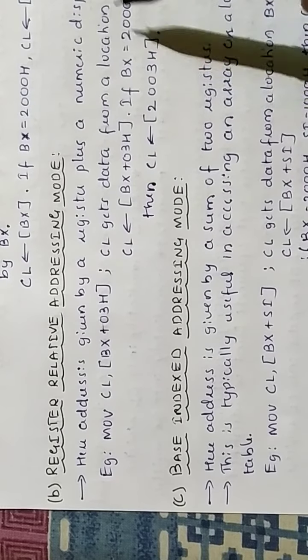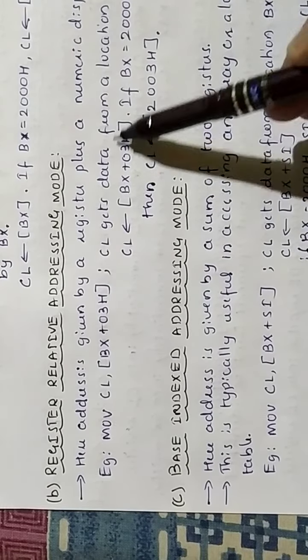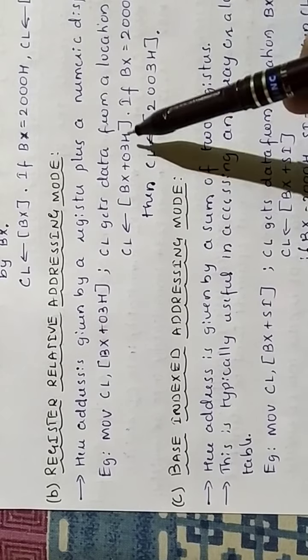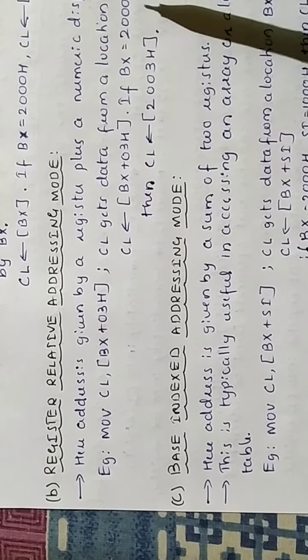If BX equals 2000H, then 2000 plus 3 becomes 2003H, and the data at that location moves into the CL register.